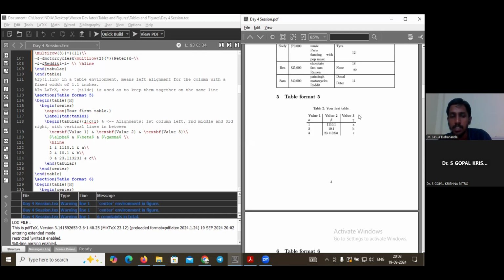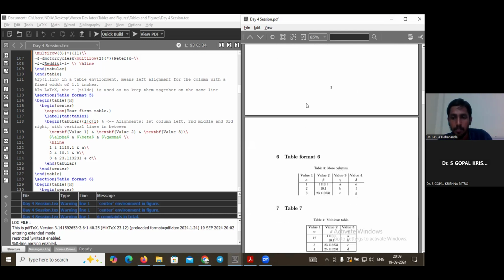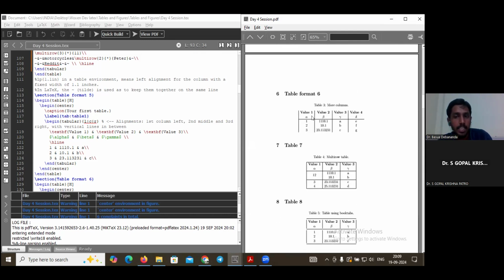These are the 3 things. For another line, when you type \hline, that will divide the row. Then you will get these 3. For these 3, just type 1 and ampersand. This is the separation for the column. Just type the numbers and you will get this table. I think in this you will not get any confusion. We will move to the next table.